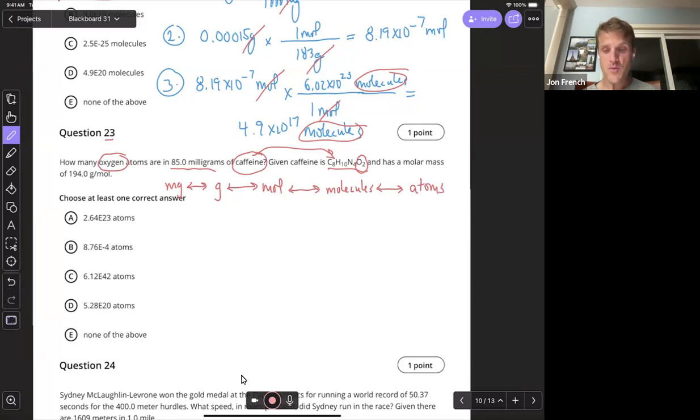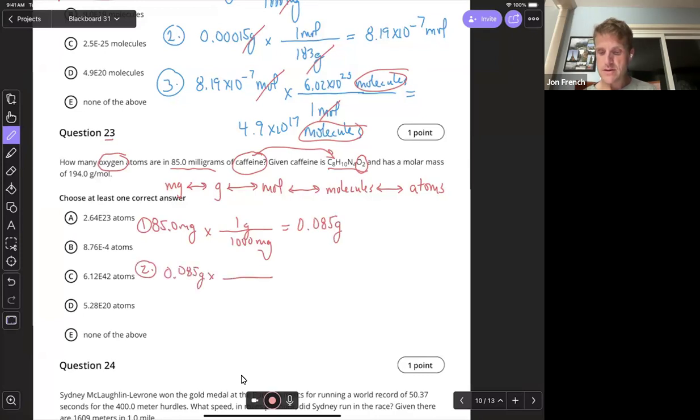Just like the previous one, the steps are going to be the same. The numbers are different: 85 milligrams. I know there's 1,000 milligrams in 1 gram, so 0.085 grams. Moles: 0.085 grams.